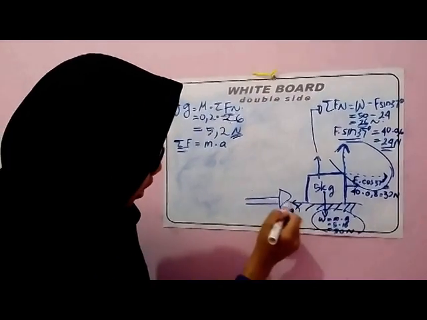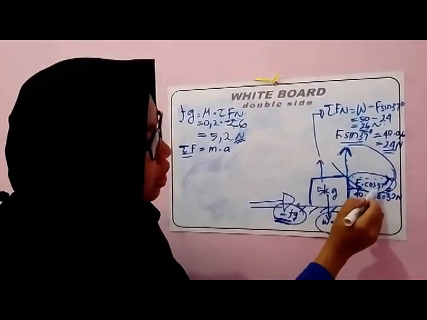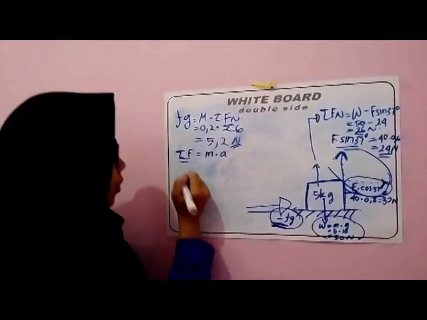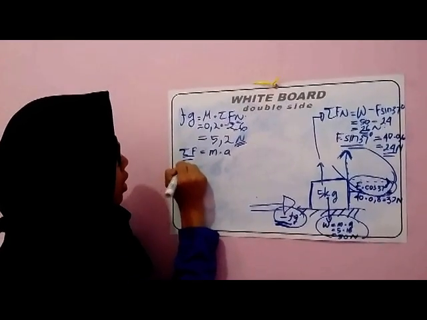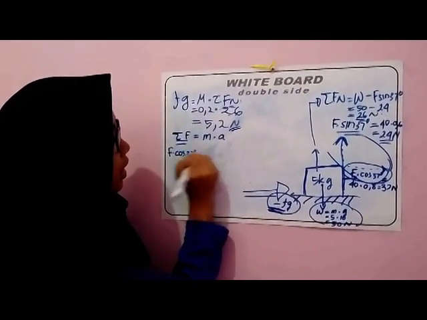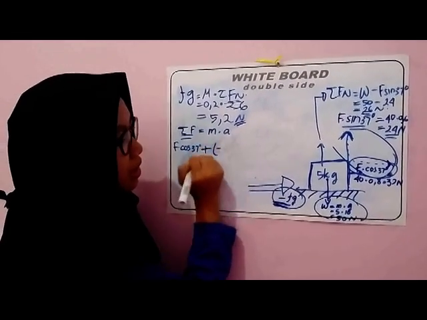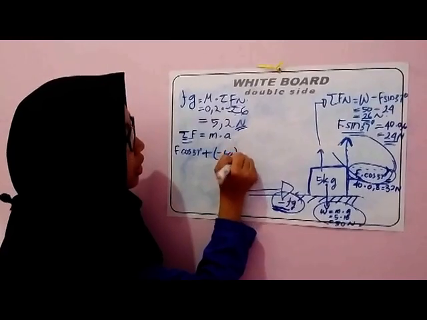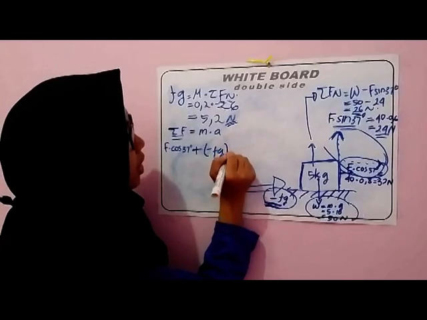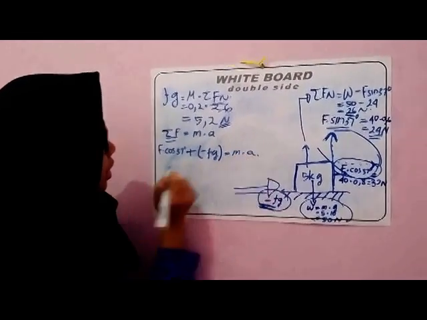As we know, Newton's second law: total force is equal to mass times acceleration, and total force here is the friction and F times cos 37 degrees. So F times cos 37 degrees plus minus friction, because this is opposite with this, is equal to mass times acceleration.